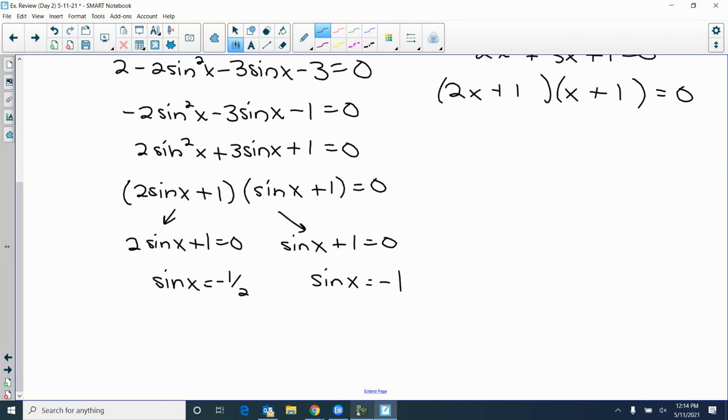See if you remember what to do from here. Solve each of those. Sine of x equals negative 1/2. Sine of x equals negative 1. I want final answer in radians. You can think in degrees, it's fine, but just make sure you convert your final answer to radians.